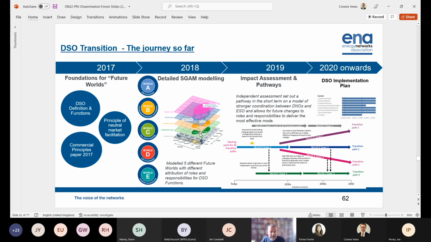And that gave us a real insight into how best we deliver distribution system operation in the future.